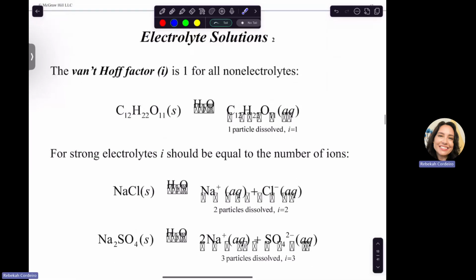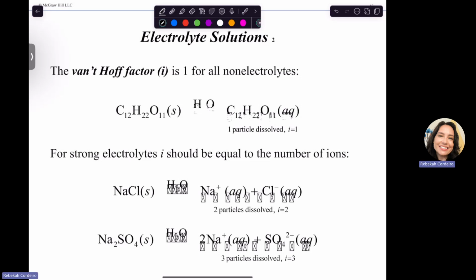So the Van 't Hoff factor is 1 for all non-electrolytes. Because when you take a non-electrolyte and dissolve it in water, it does not break into more particles. It stays as a molecule. So if we take sucrose, C12H22O11, and dissolve it in water, it's only going to break into molecules.